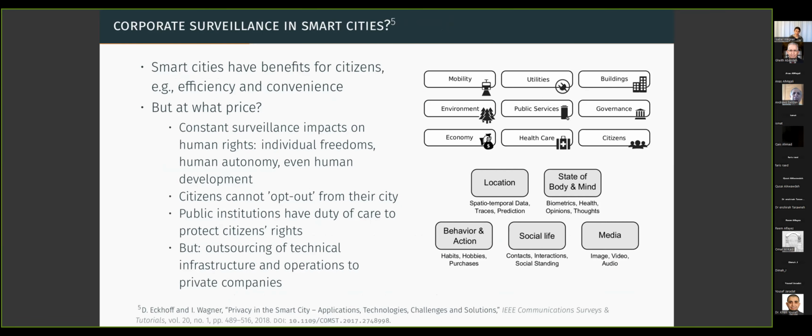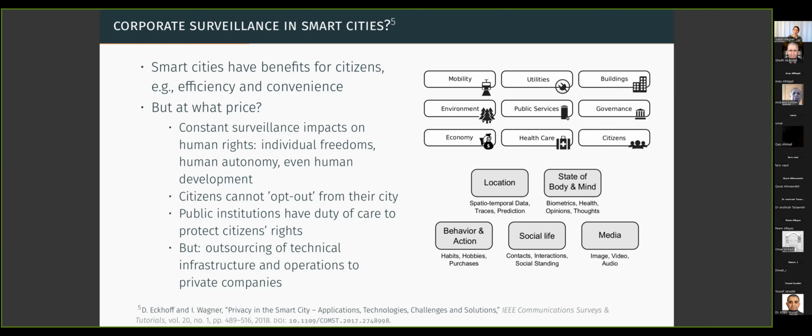Okay, so another area where this corporate surveillance might be a concern is if you think about cities, and in particular smart cities. Smart cities are great, right? If they are realized properly, they have many benefits for citizens.